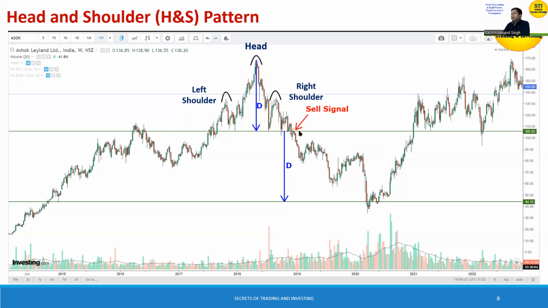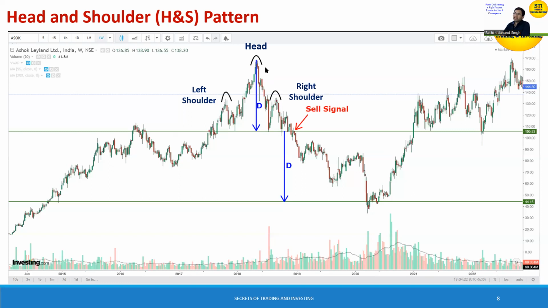And if there is a further break of the price beyond the neckline, then most likely it is going to cover another depth, or you can say a price drop equivalent to the previous head-to-neckline distance, the D I have depicted here on the chart. So that is the first target, it will be this much.